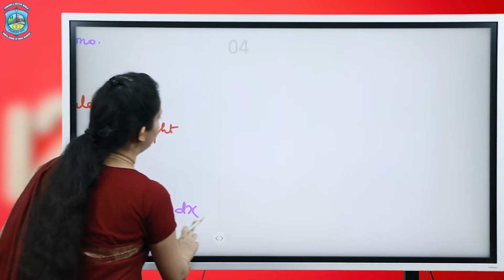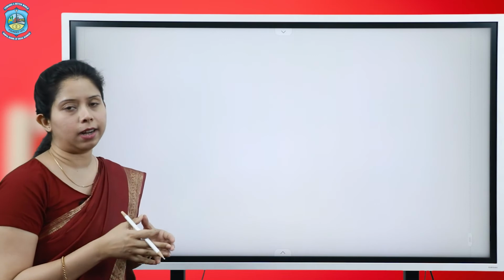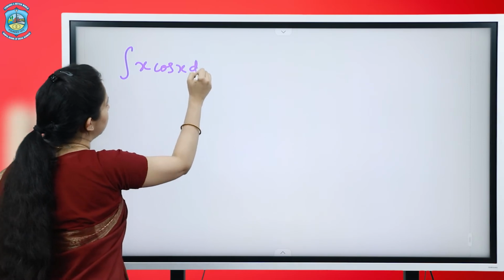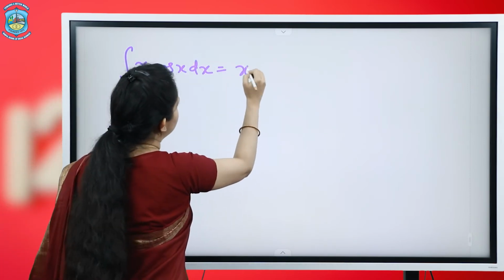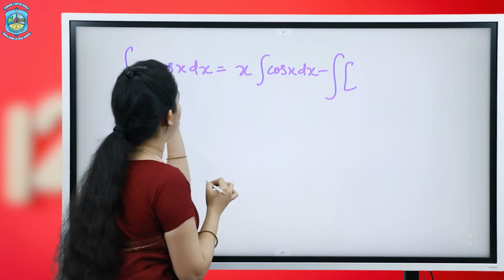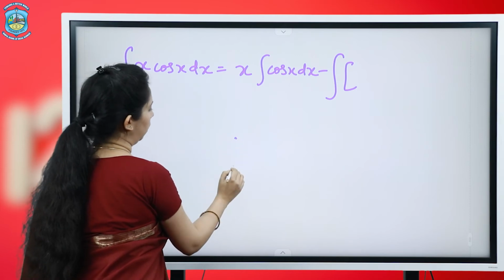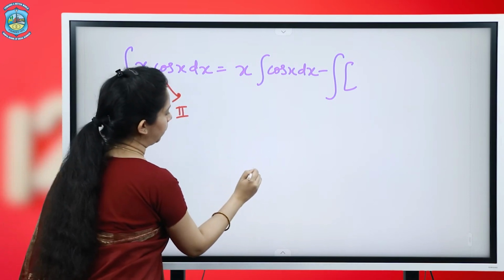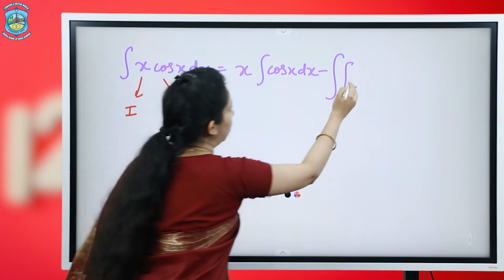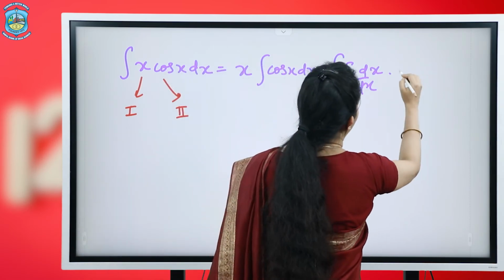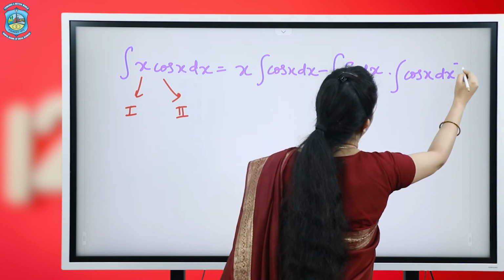So here we are using integration by parts. Why are we using integration by parts? Because within the integral, the integrand is a product of two functions. So substituting the values, x cos x dx is equal to first function as it is, integration of cos x dx, minus whole integration, differentiation of first. Here first is x and second is cos x, minus whole integration, differentiation of first is 1 into integration of second, that is cos x dx.